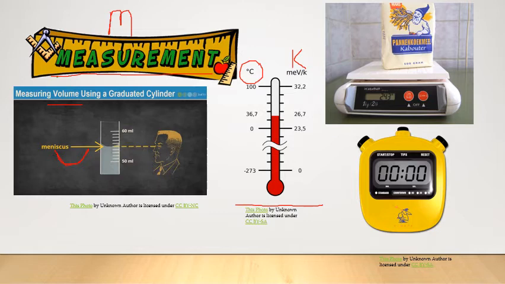If we want to measure mass, remember mass is different than weight, we are going to use a balance or a scale. Okay, and the correct units for mass would be grams.